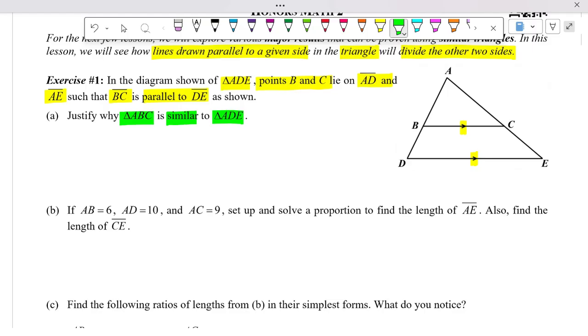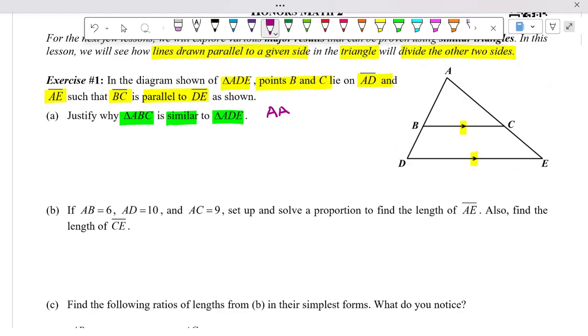That leaves us with which one? What's the only other postulate left? Side, side, side's out, side, angle, side is out. Angle, angle. So we're probably going to have to show that these two triangles are similar by angle.